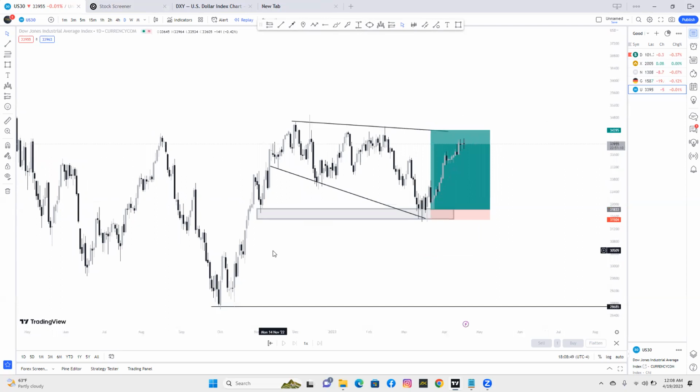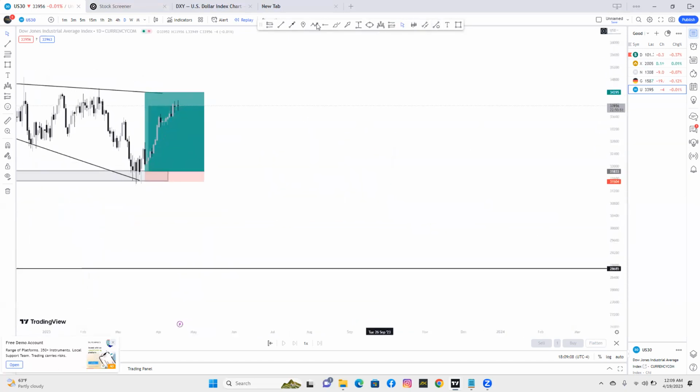Hey, can I ask you something? You can. How do you spot an impulse? An impulse is when the market is moving with straight momentum. This is the definition of an impulse.